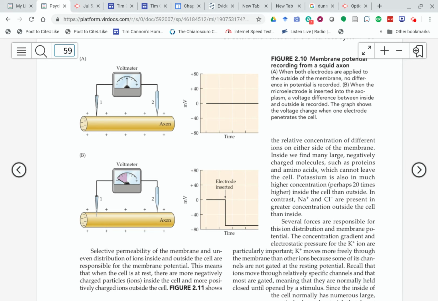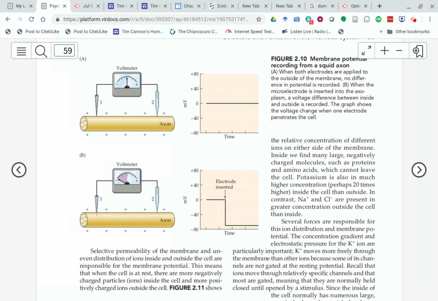Okay, so here's an example of how you figure that out. Here you have two microelectrodes. Well, they're structurally different. One is indicating that it's the reference electrode, and one is the recording electrode. I'm not sure I would have drawn them that way. When they're both outside the cell, it's sort of like they're in an ocean, in salt water.